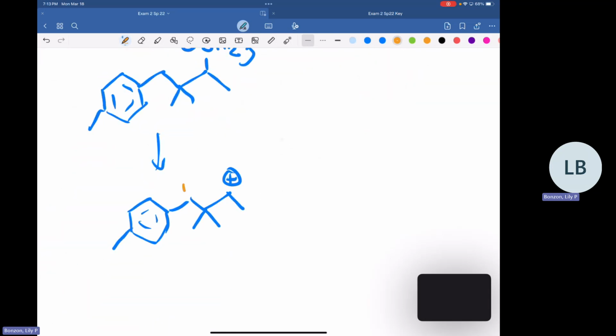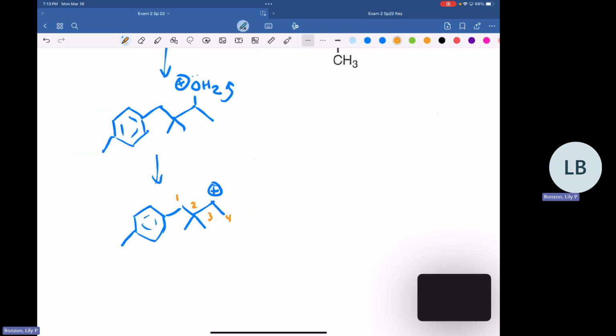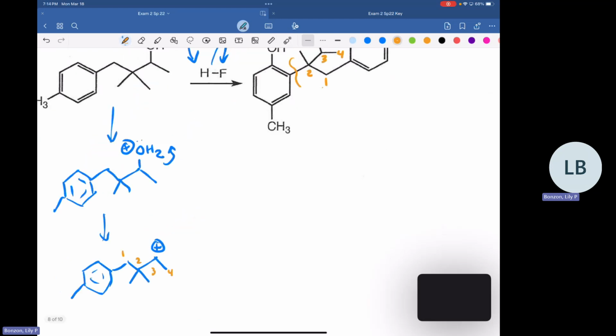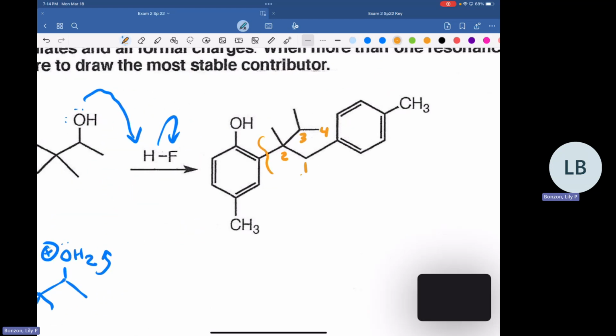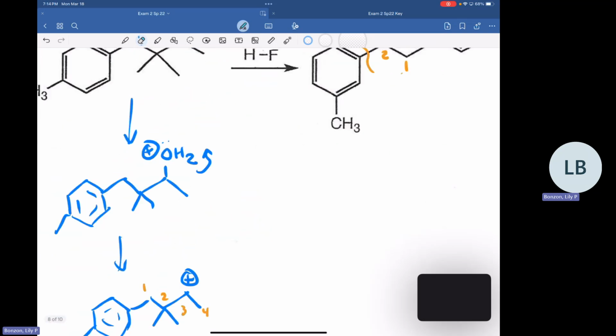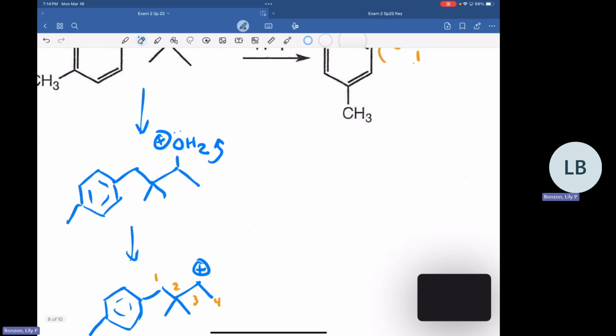So we've got 1, 2, 3, 4. So right now we have 2 methyl groups on that second carbon. On the right over here in the end, if we're ignoring this for now, we see that we just have 1 methyl group on there. And carbon 3 is connected to an additional methyl as well.